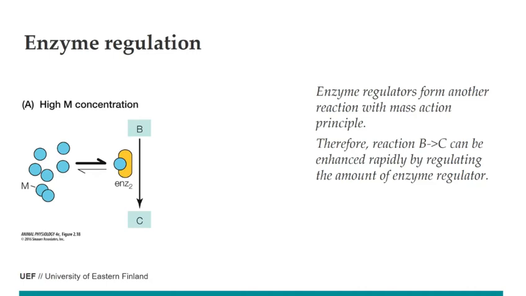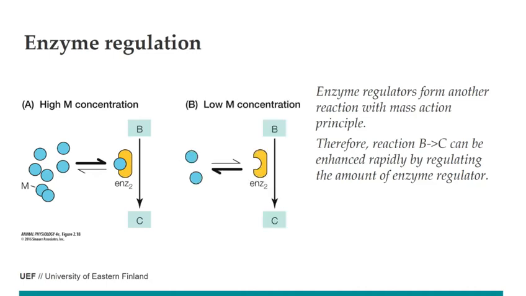So we have an enzyme that is regulated, for example, by M. When we have a lot of M, all the enzymes have these regulators, and then it can work properly.